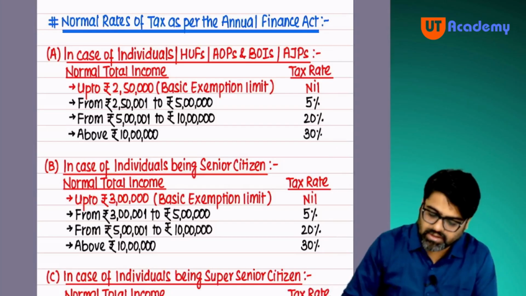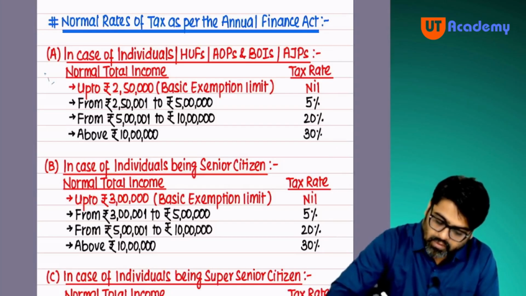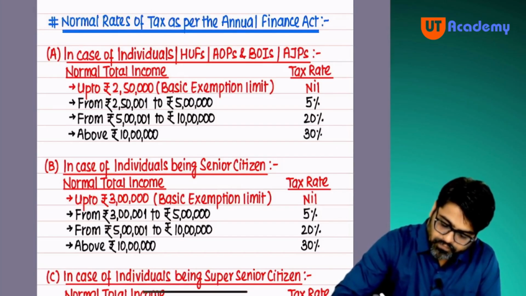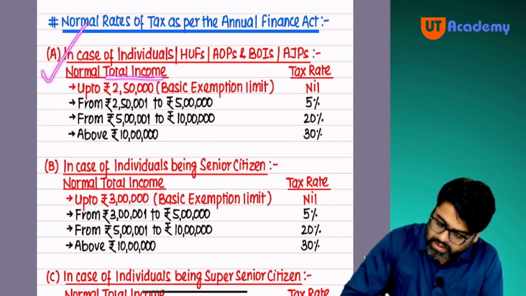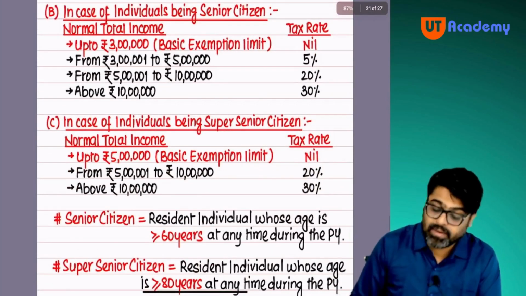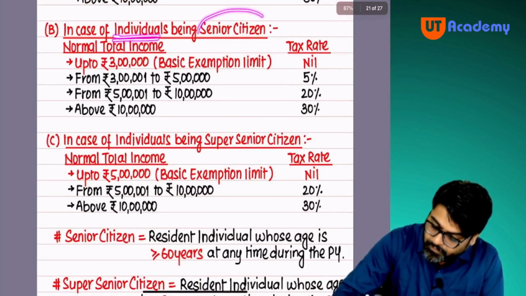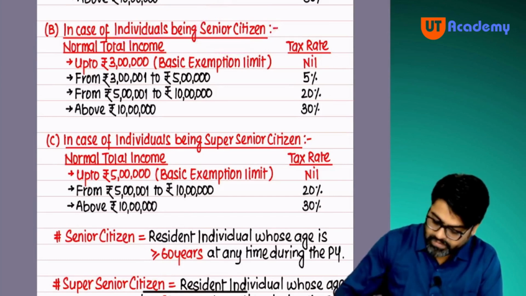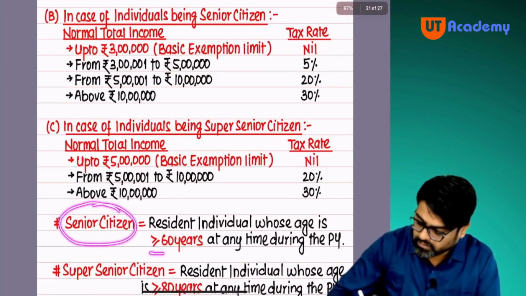Now pay attention. See here. Now this was the normal total income. These are the slabs for individual, HUF, AOP, BOI and AJP. Now, individuals: who is a senior citizen?